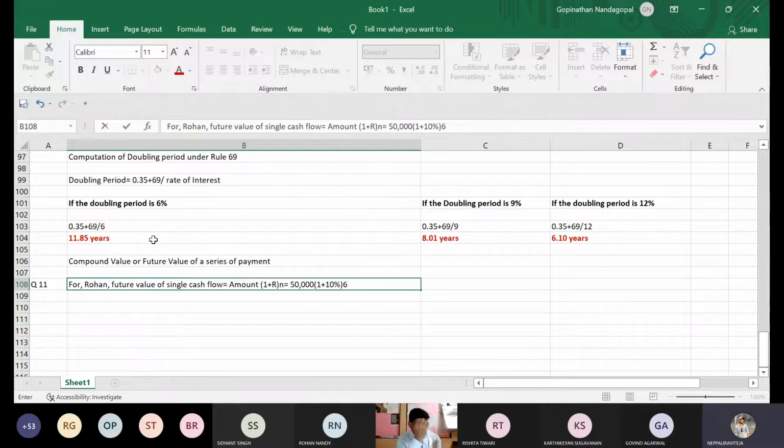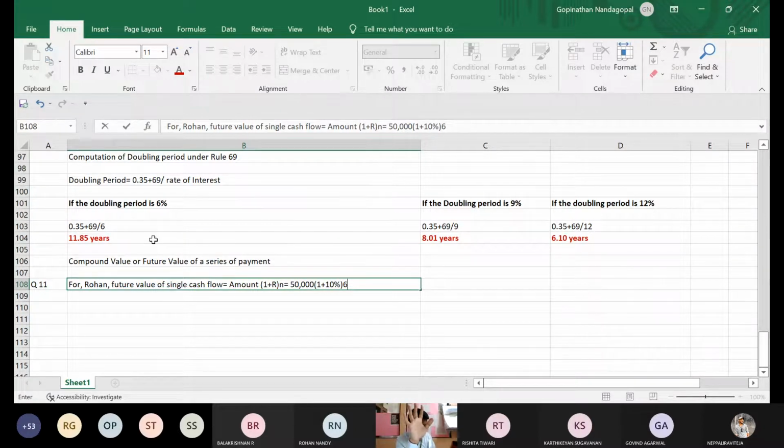Anyone can tell me, please? 1.06 or 1.7716? 1.7716. Am I right? Yes, sir. Now listen here, 1 plus R to the power of 6. You don't bother about the 50,000. For 1 plus R to the power of n, always you must find the value. So you have found the value as 1.7716.